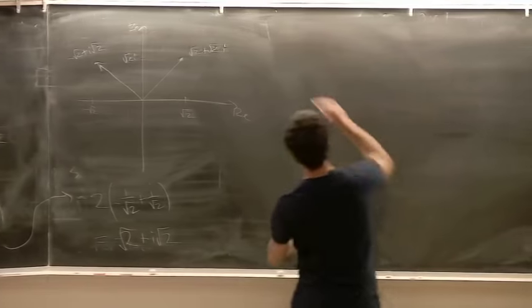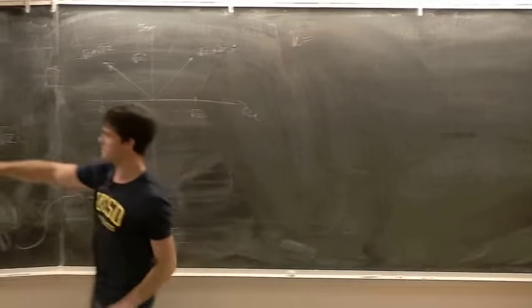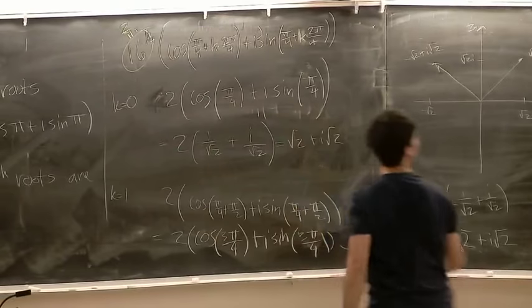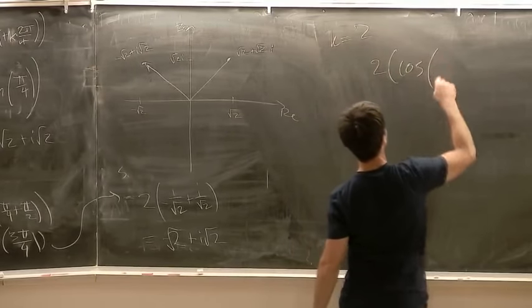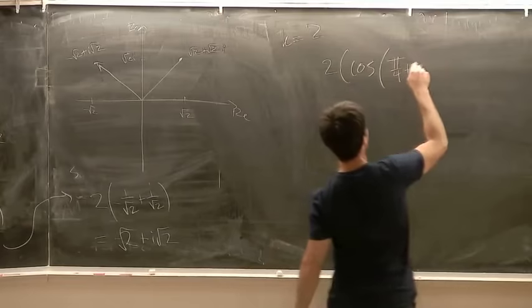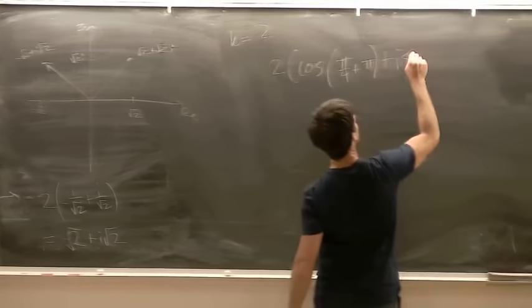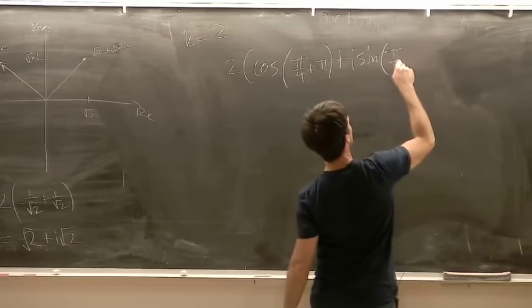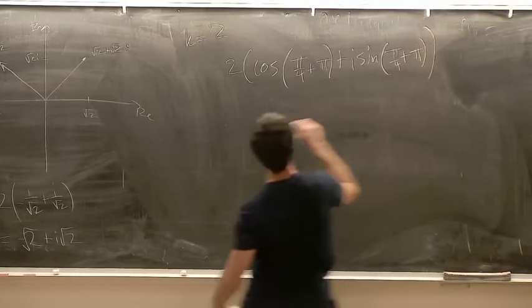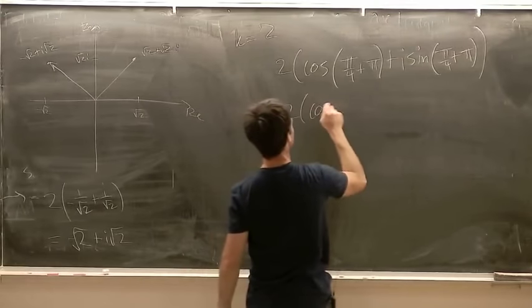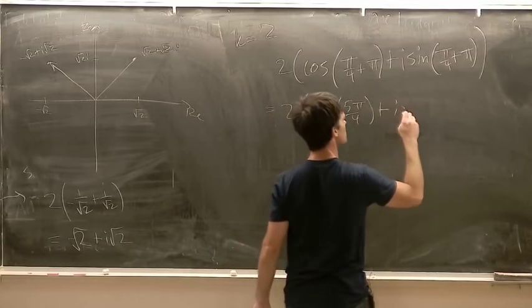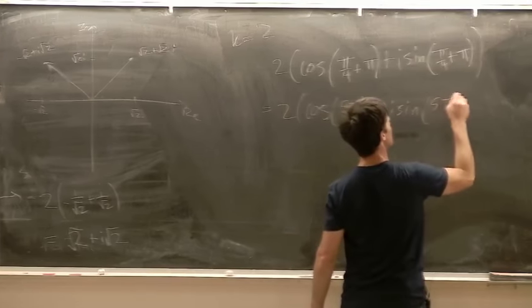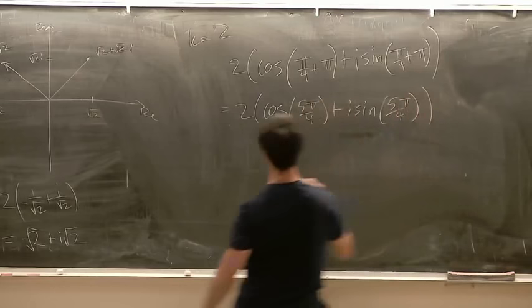And here, I did k equals 0, I did 1. Now let's do k equals 2. I'll get 2 cosine of pi over 4 plus pi, I sine pi over 4 plus pi. That's 2 times cos of 5 pi over 4 plus I sine of 5 pi over 4.